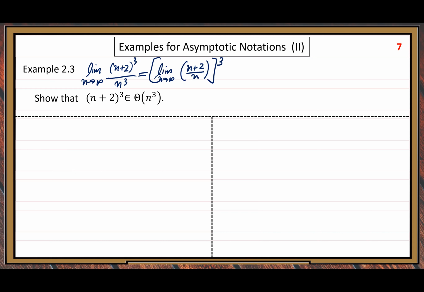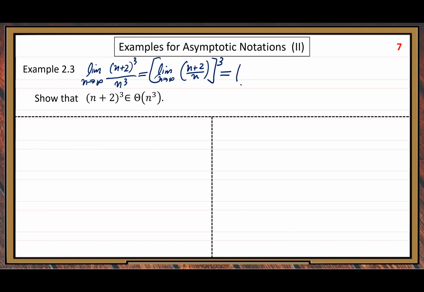We take that cube out of the limit based on one of the limit properties. So we can do it this way. It's legal. Then inside the bracket, you can see it's 1. 1 cubed, that's 1. So that's simple. If we are familiar with some basic properties of the limits, then it's very easy.